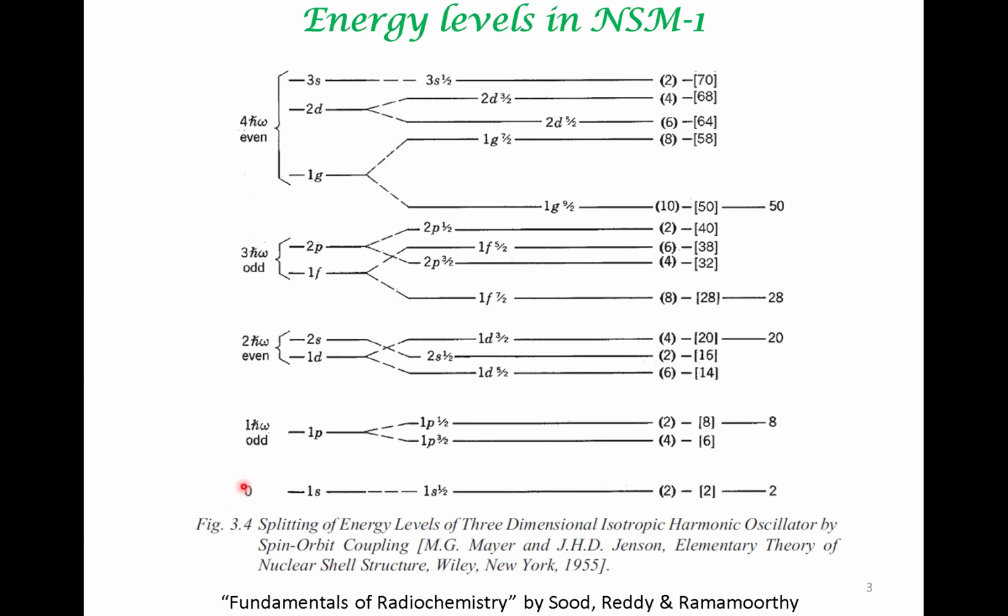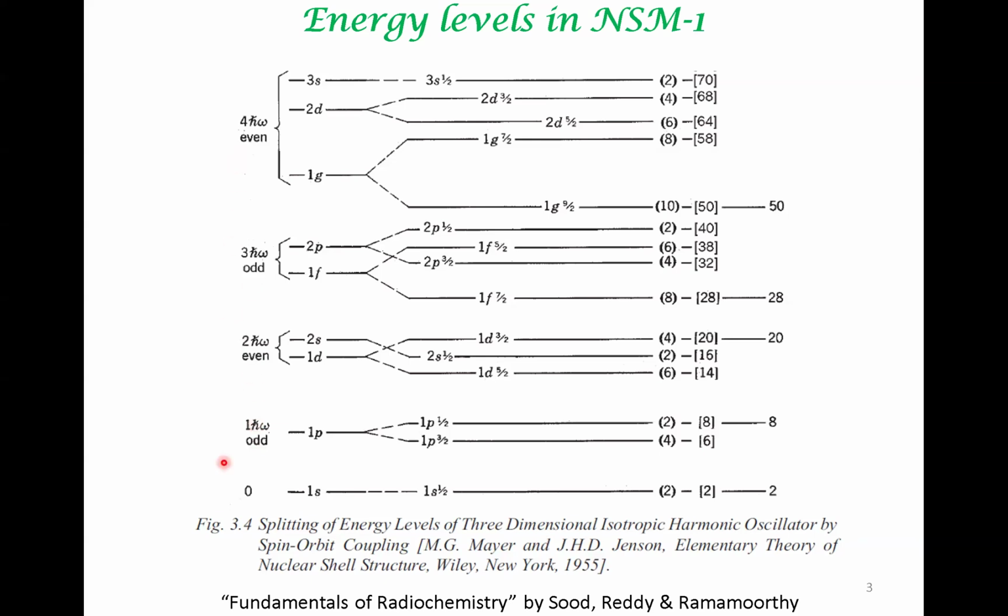So this specifies the n quantum number, right? We have introduced the n quantum number in the previous lecture. So N equal to 0, N equal to 1, N equal to 2, N equal to 3, and so on. All these indicate the capital N, and we are quantizing within a harmonic oscillator potential in 3 dimensions, right? We have shown that potential also in the previous lecture.